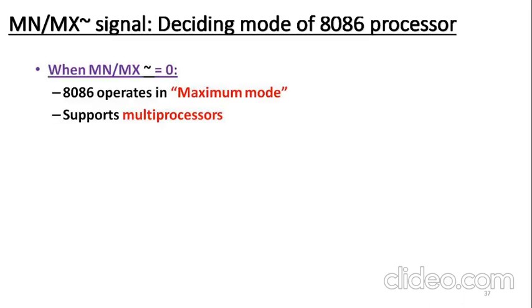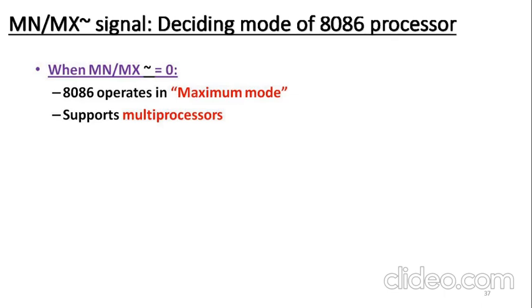Now once we understand that, we'll see that the MN/MX bar signal decides the mode of the 8086 microprocessor. It is a composite signal, MN/MX bar, and it is an input signal. Whenever this input signal is equal to 0, we know that MX bar, maximum mode, is active low, and minimum mode, MN, is active high.